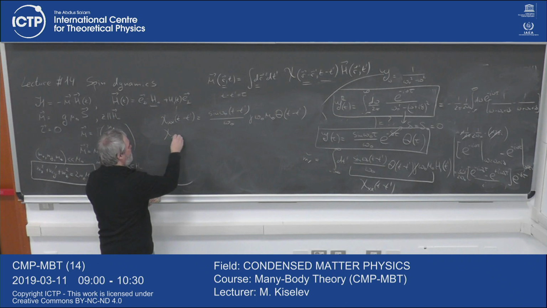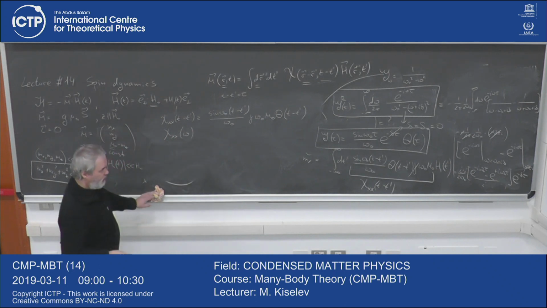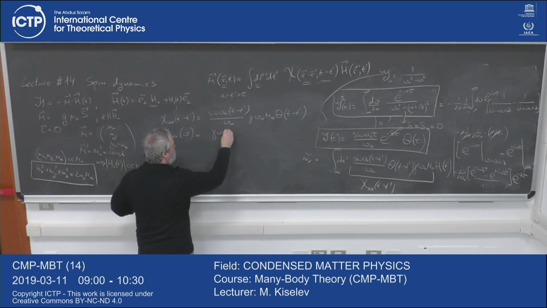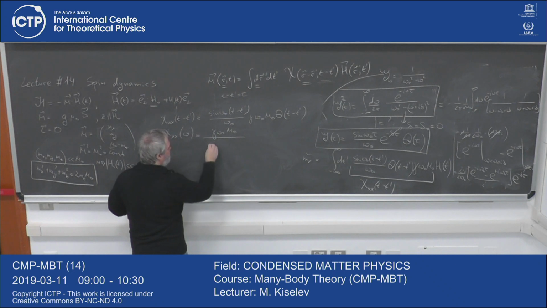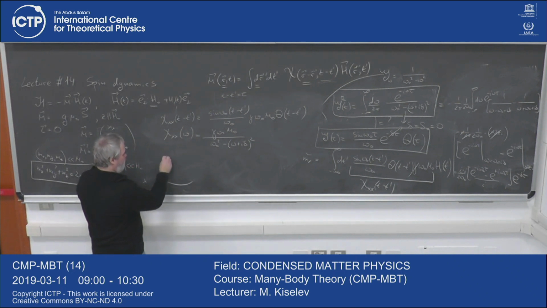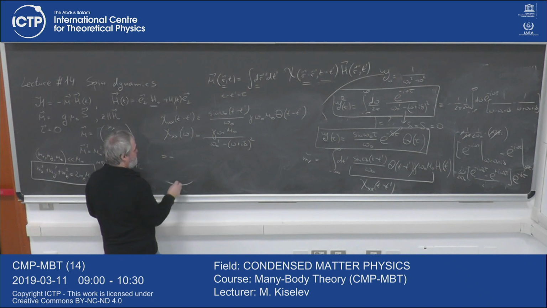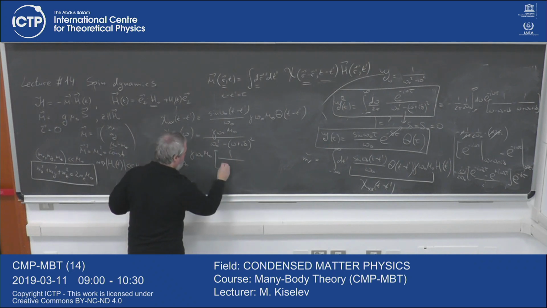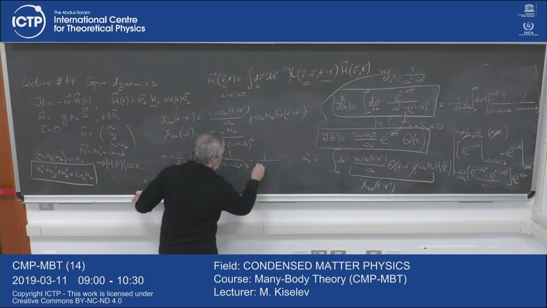Chi xx of omega, in the omega frame, is equal to gamma omega naught m naught divided by omega naught squared minus (omega plus i delta) squared. Therefore, it's equal to minus 1 over 2 omega naught, gamma omega naught m naught, times 1 over omega minus omega naught plus i delta minus 1 over omega plus omega naught plus i delta.